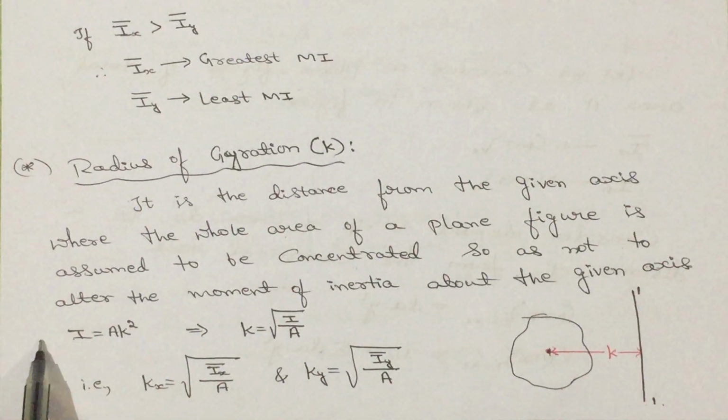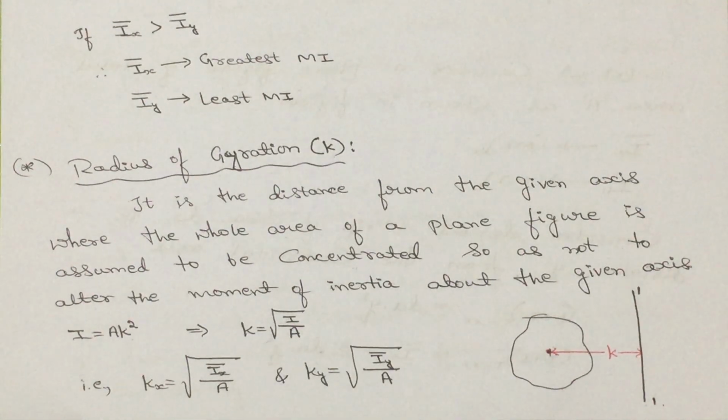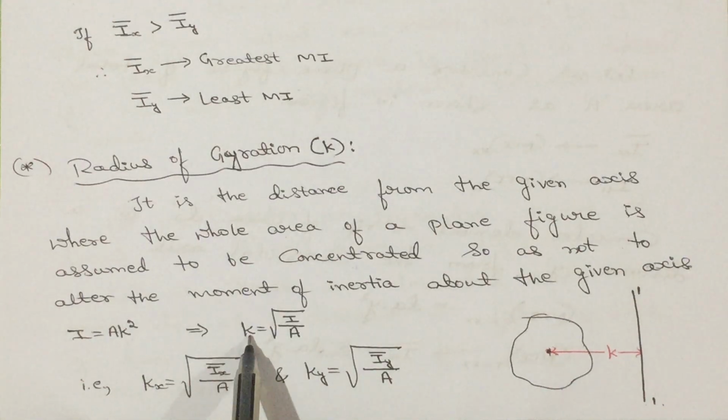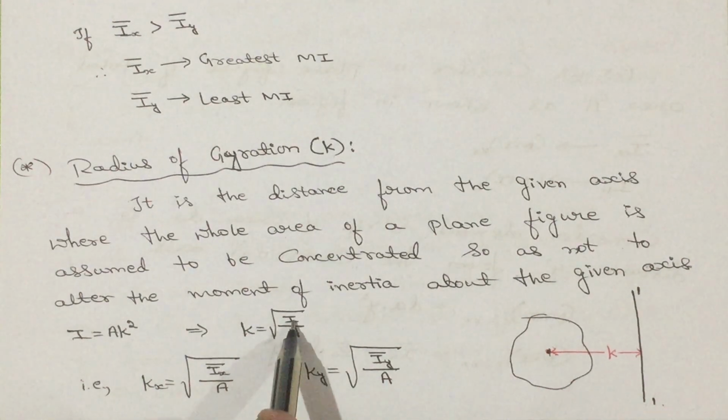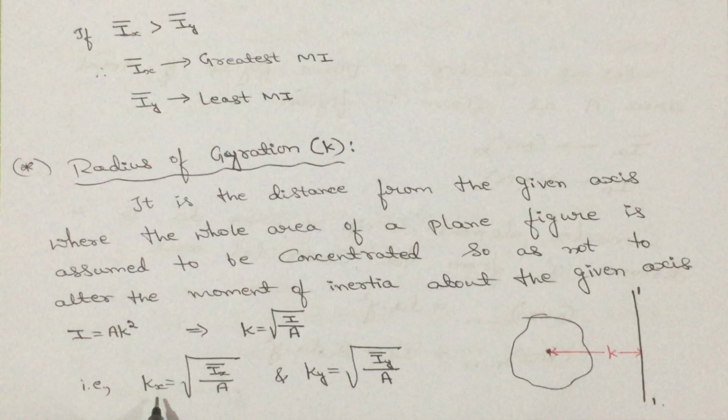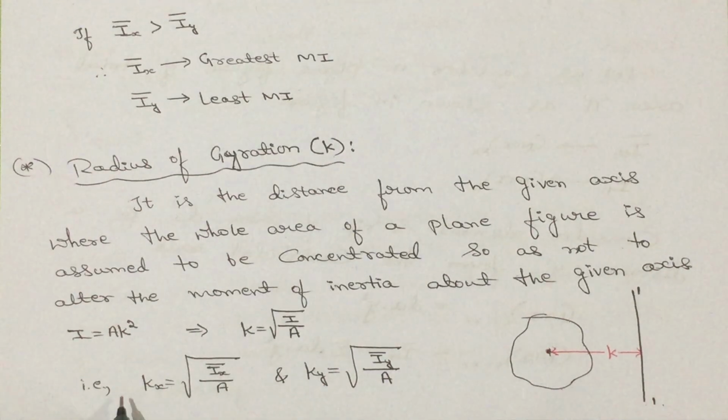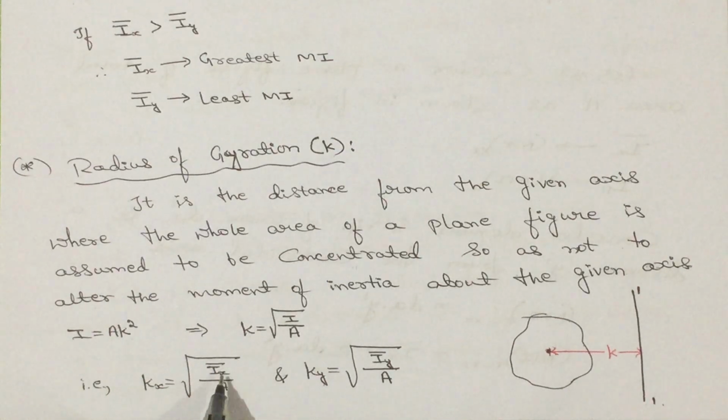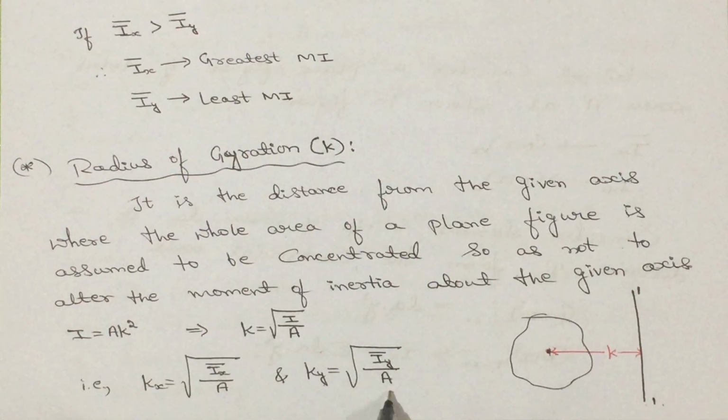The square goes to the other side and becomes a square root. The radius of gyration formula is square root of I by a. Here we come across kx and ky, or kxx and kyy, given by square root of Ix divided by a and square root of Iy divided by a. This is regarding radius of gyration.